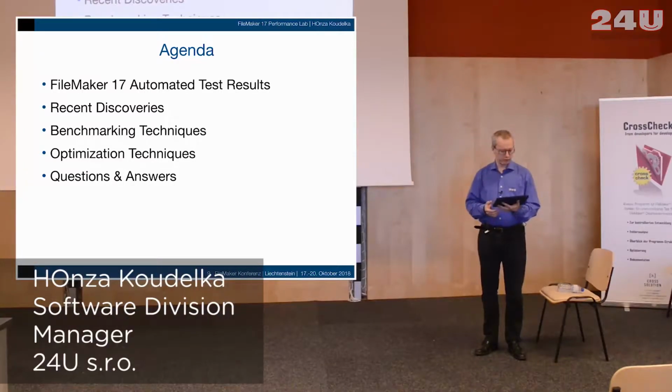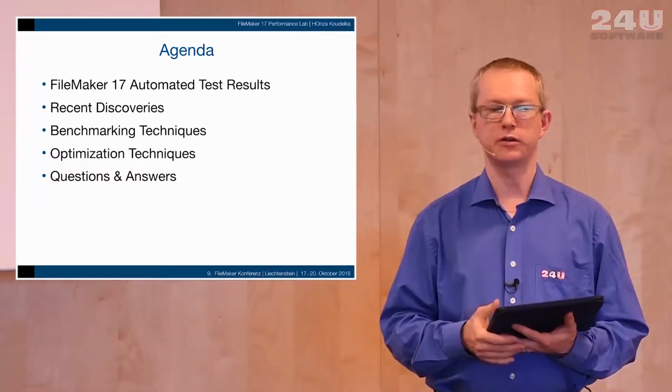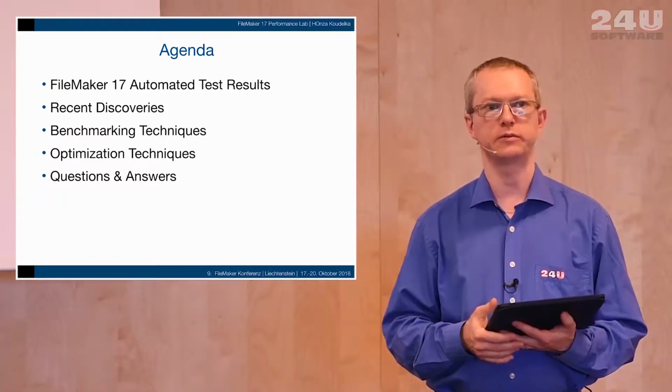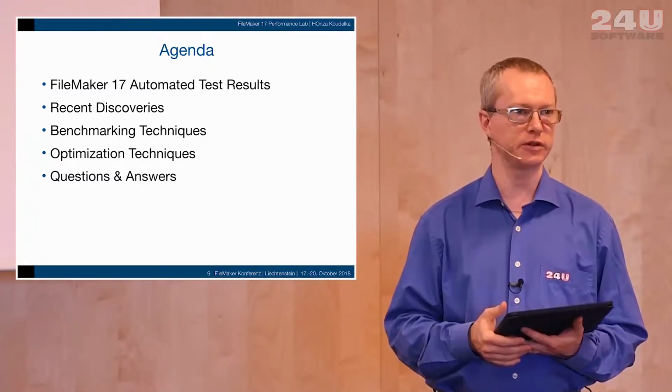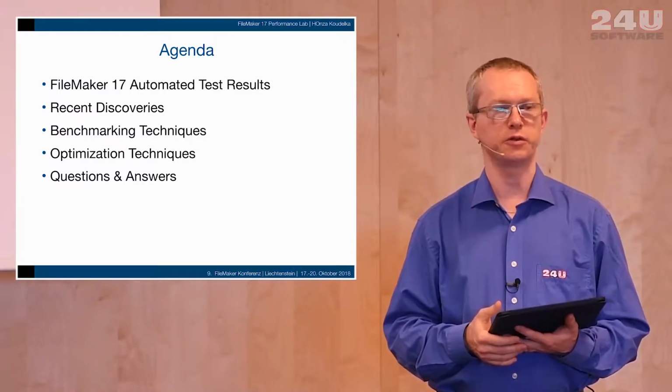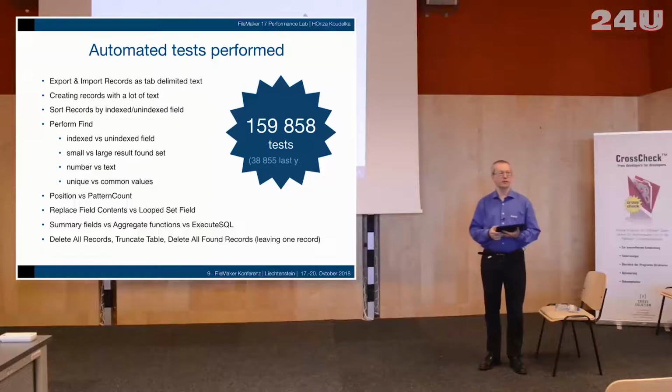So today I want to talk about FileMaker 17 test results, but I will also talk a little bit about things that I and my team recently discovered working on real projects for our customers. And I have also grown the number of tests I have run a little bit.